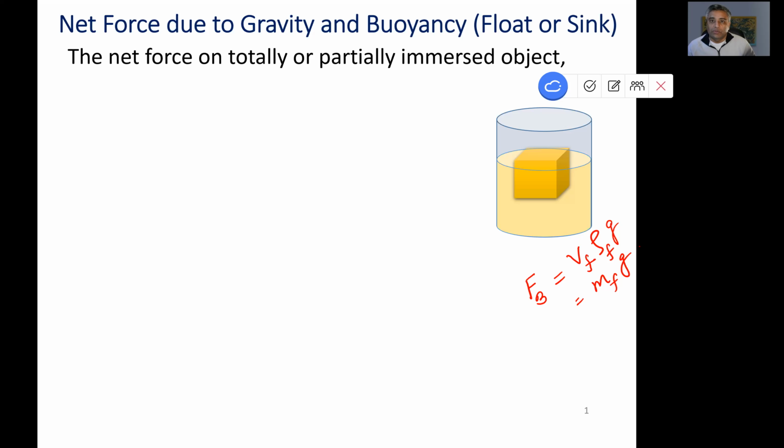So why can some objects, even if they are very large, meaning they have large weight, float, but a tiny object like this can sink? Yes, just like Christian indicated, it's density, right?